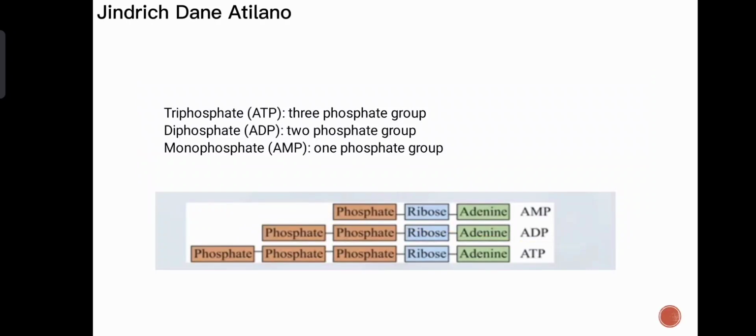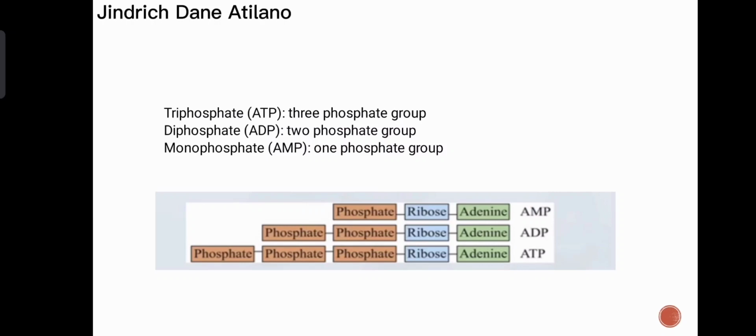ATP, or adenosine triphosphate, has three phosphate groups, while ADP, or adenosine diphosphate, has two phosphate groups. Meanwhile, AMP, or adenosine monophosphate, has only one phosphate group.